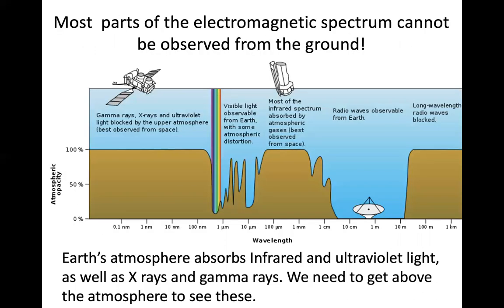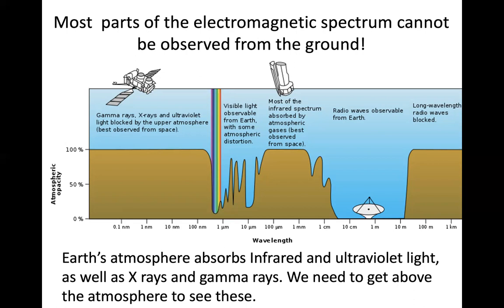This is a plot showing the degree to which the atmosphere is opaque as a function of wavelength. Here is visible light. Visible light is in a region where our atmosphere is fairly transparent, not perfectly, but reasonably transparent. This is why we can see the stars at night. The atmosphere doesn't block that light.